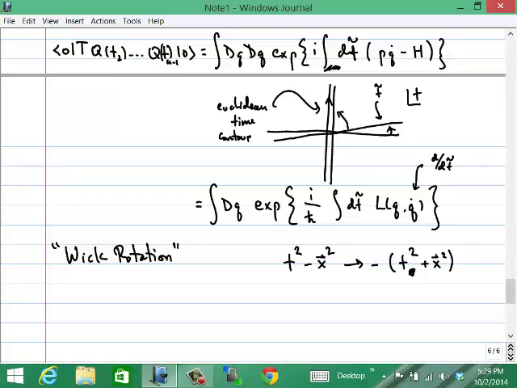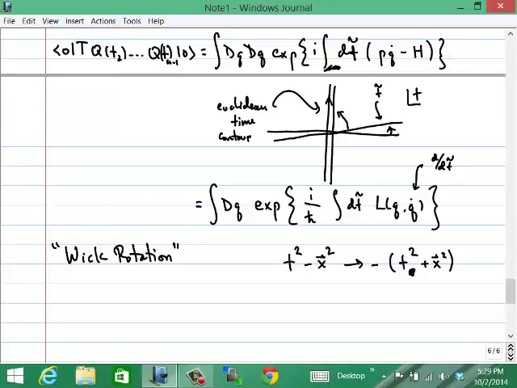So don't worry. This is a subtlety that, from a practical point of view, is not going to make too much of a difference. But it's something that I wanted to bring up because there are cases where this is important. And we will, from a practical point of view, be doing a lot of our computations in Euclidean time, precisely because it picks out the vacuum state in this way.